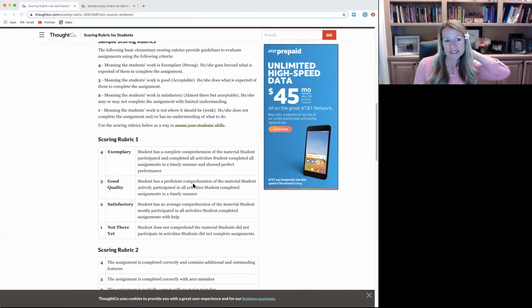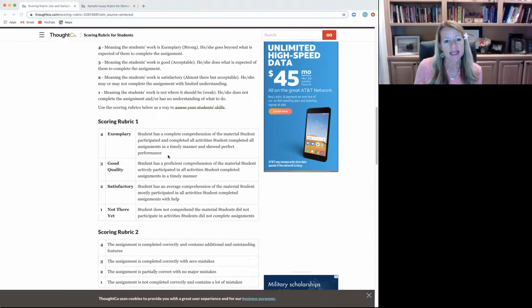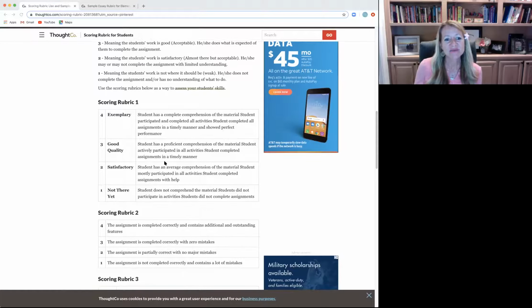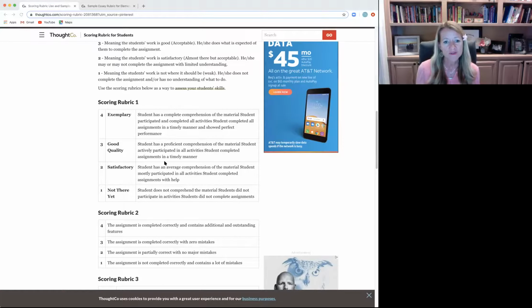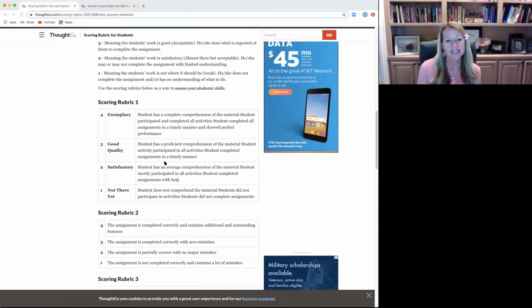Here we see a sample of a rubric with just a 4, 3, 2, and 1 point system. If the student wants to get a 4, which would be equivalent to an A+, that would be exemplary, and it would mean that the student has completed all of the assignments and has comprehension of all of the material that the student participated in or completed in any activity, and all assignments were done in a timely manner and showed perfect performance.